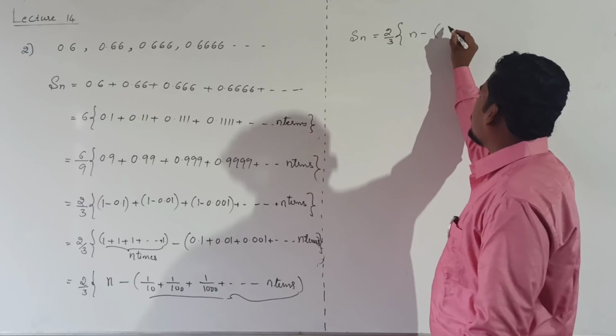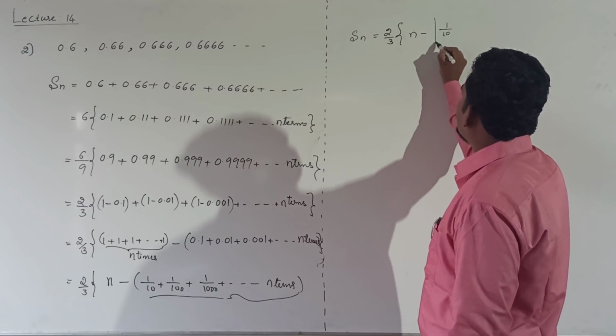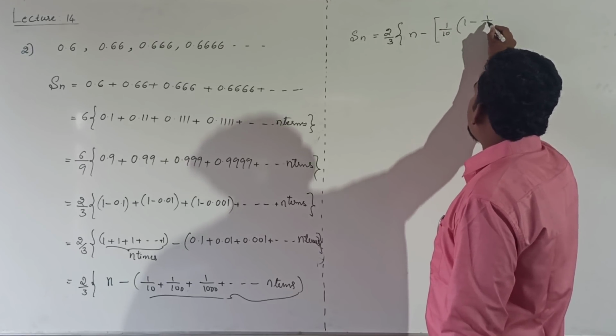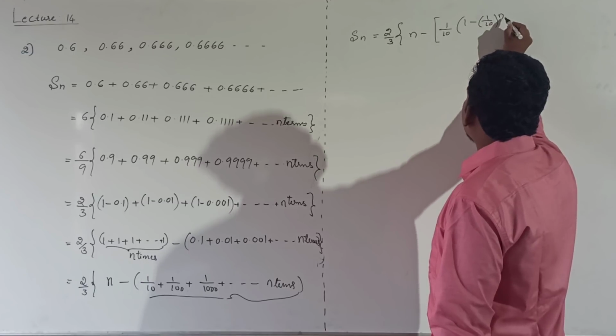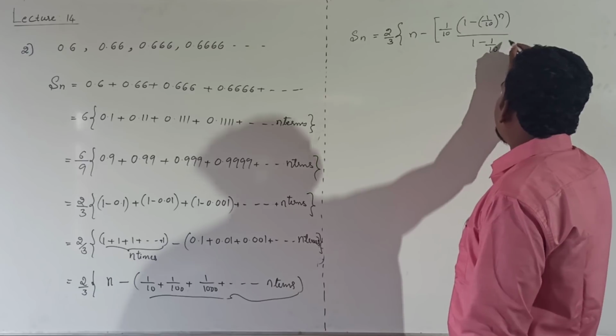What is a? a is 1 divided by 10. So 1 divided by 10 into 1 minus (1 divided by 10) whole to the power n, divided by 1 minus 1 divided by 10.